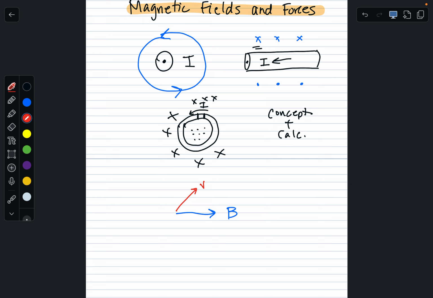So v is to the right, B is going into the page, so v cross B is pointing straight down. So the force that the particle feels due to that magnetic field is going to point straight down. Now, if this was an electron moving in the very same direction, with the same magnetic field, you're going to flip your result. v and B, flip your answer. The force would be pointing up.